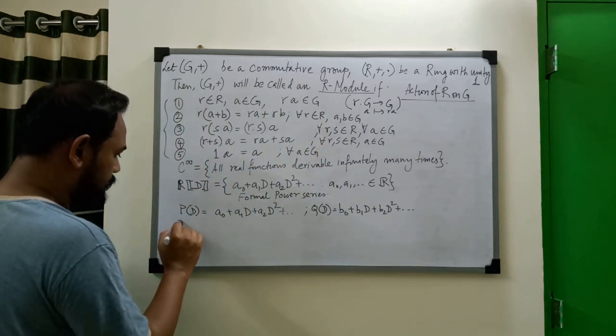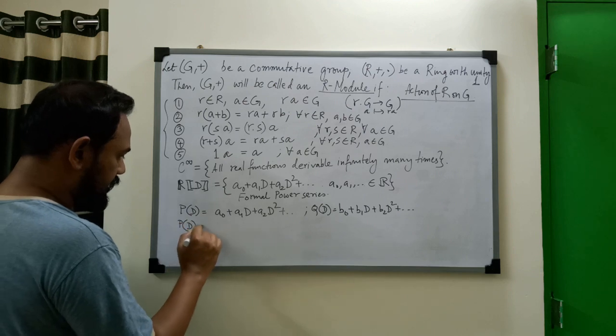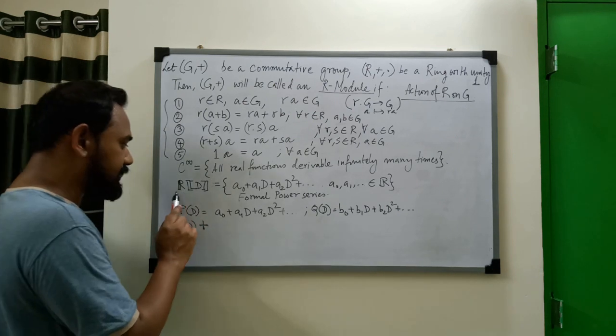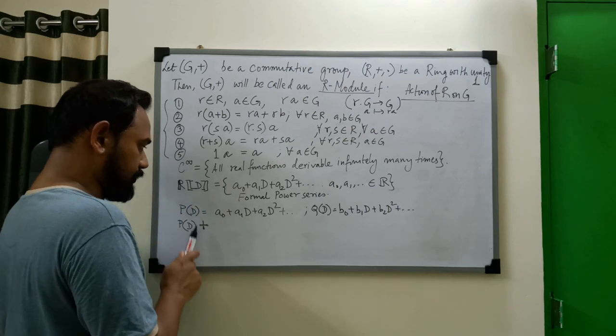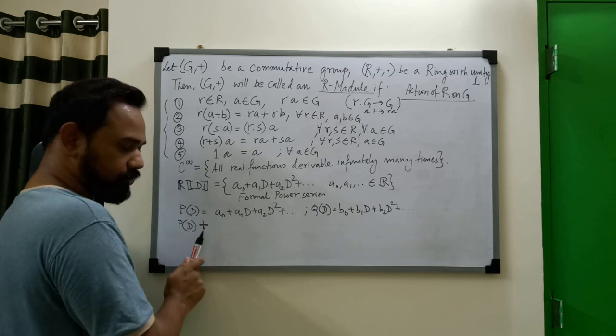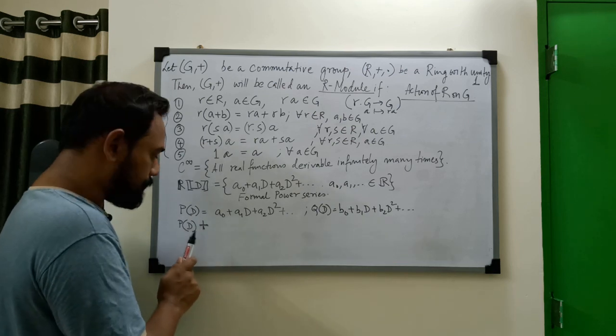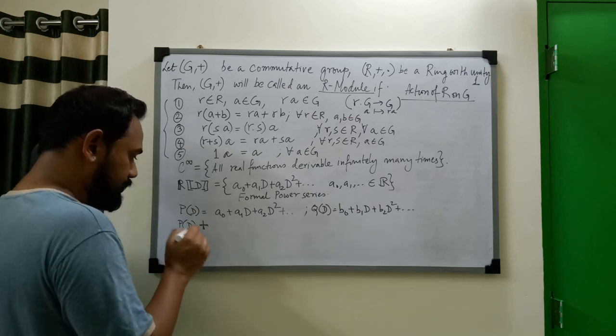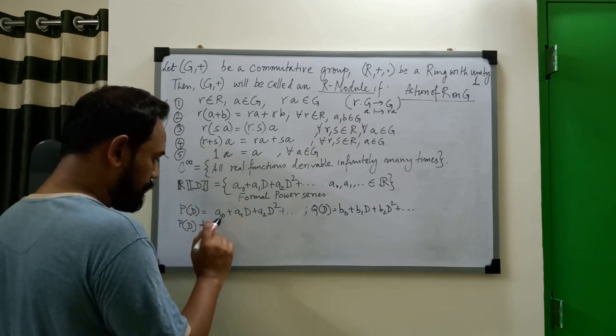I want to define addition. This is the definition of addition that I'm putting in. This is a set, and I'm defining addition on this set. This addition is a new definition of addition. It has nothing to do with real number addition. I may be using real number addition to define it, but this addition is what I'm going to define now.